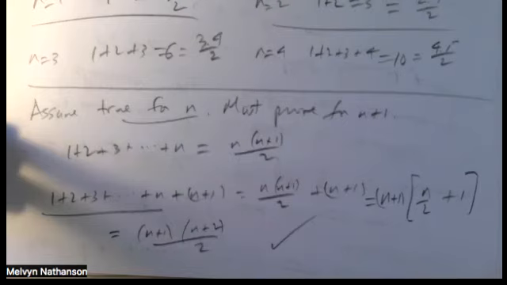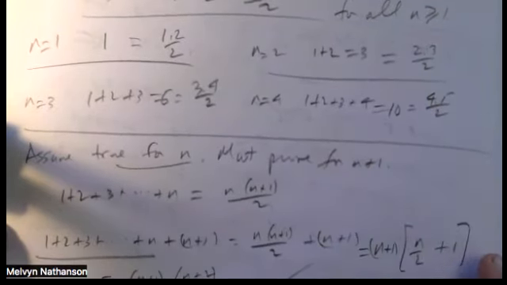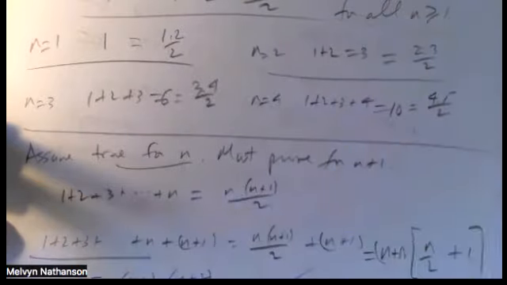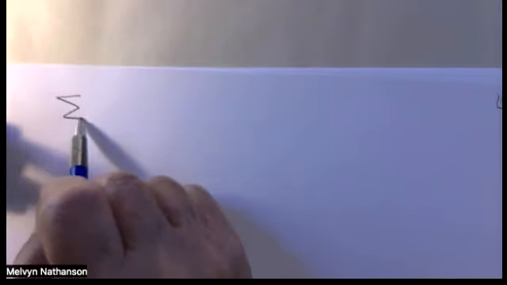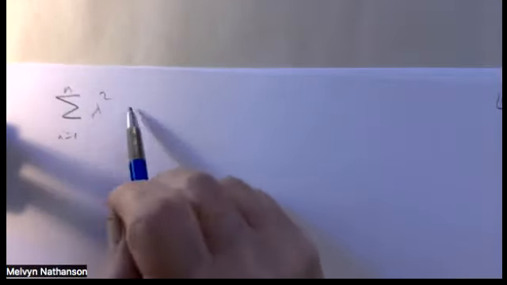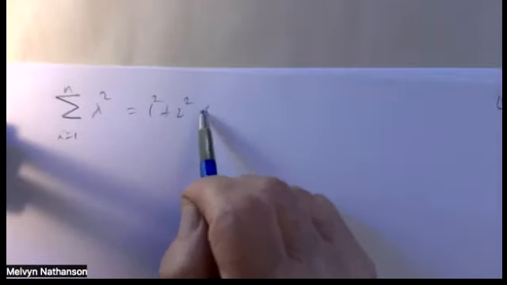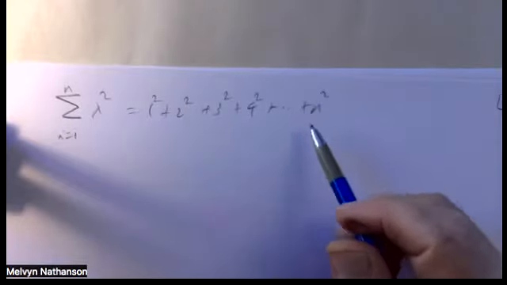Again, you might not have proven this, but you certainly should have seen this in Math 176 and Calc 2, because you use this in proving some of the beginning formulas for integration. You also use the next result in calculus, where instead of adding up the integers from 1 up to n, for i going from 1 up to n, you're adding up the squares: 1 squared plus 2 squared plus 3 squared plus 4 squared up to n squared.